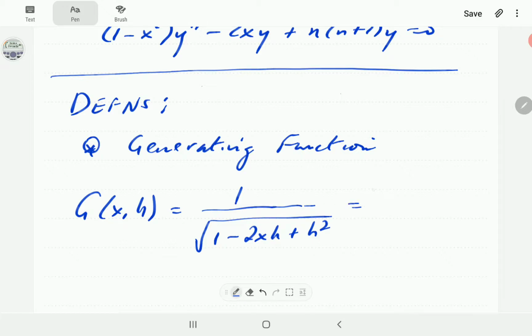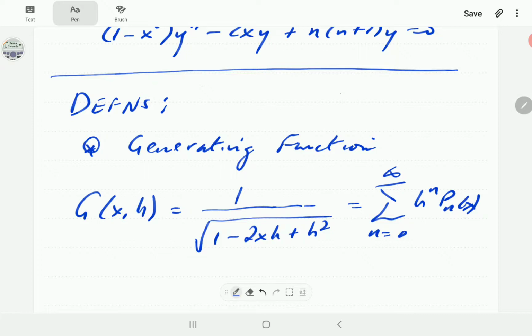This is equal to the summation of h to the power n times Pn of x. By the way, the notation for the Legendre polynomial is P sub n, where n is the degree of the polynomial.